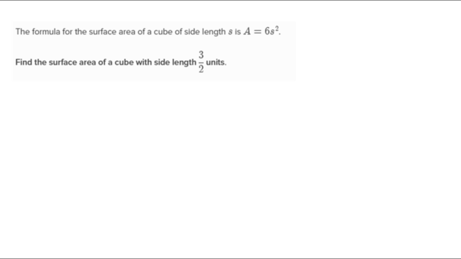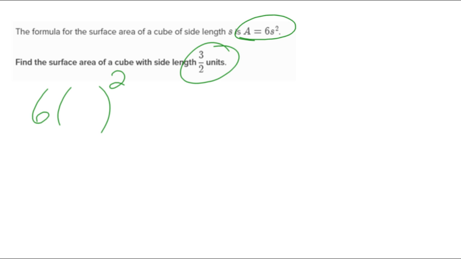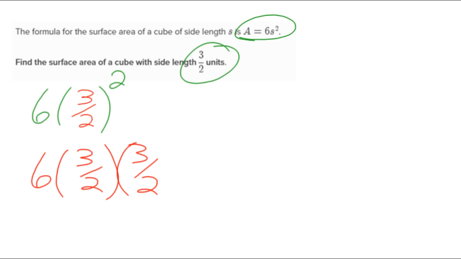Again, pause, read through the problem, try it on your own, and then hit play to see if you have it right. A is equal to 6s squared, so we're going to go 6 times s squared. You need to know that s is 3 halves, so we're going to substitute the 3 halves in for s. So that's going to be 6 times 3 halves times 3 halves.